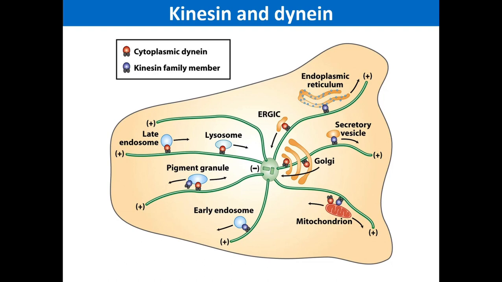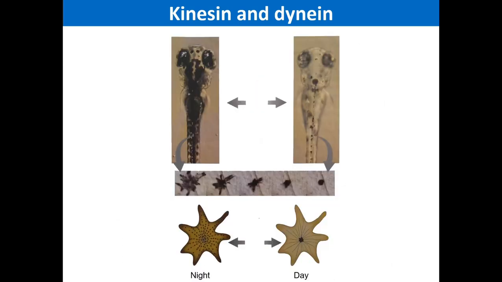And this is due to the fact that the polarity of the filaments is always the same, with the negative sign towards the nucleus and the positive sign towards the periphery of the cell.